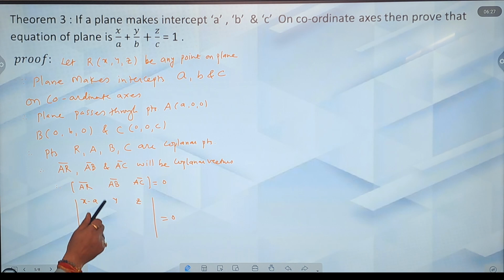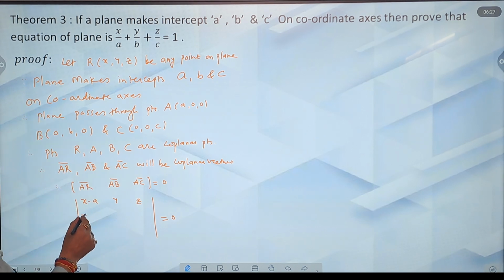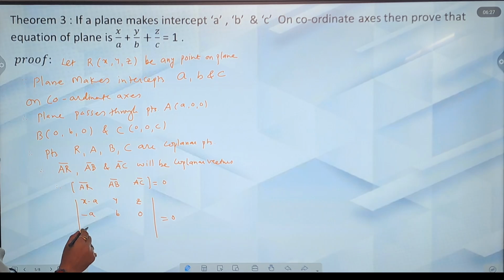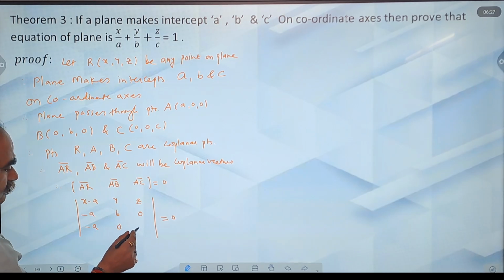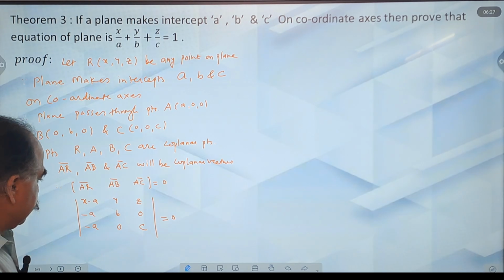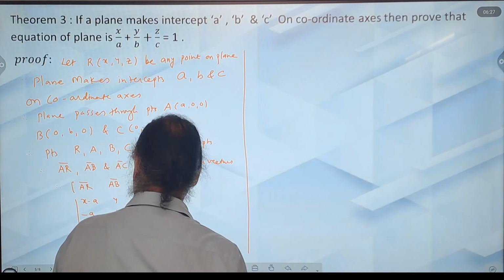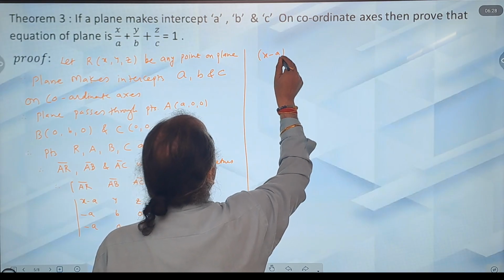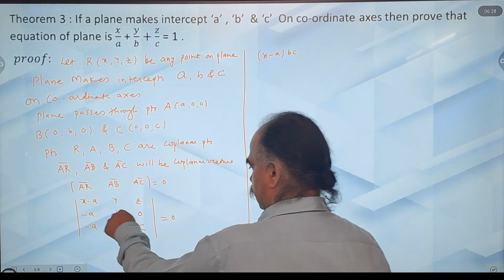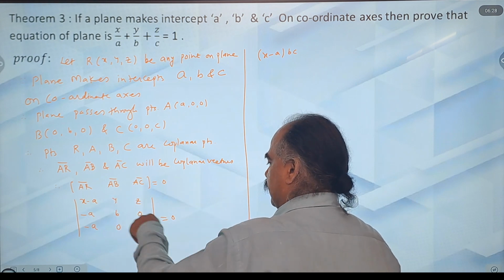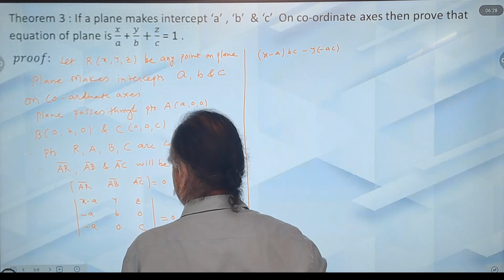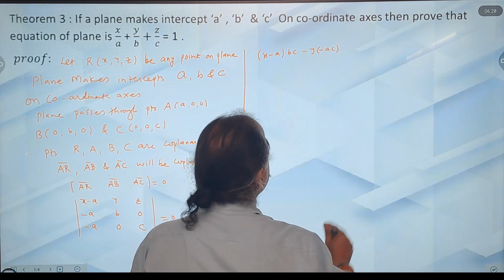Then AB bar is B bar minus A bar. So 0 minus a, b, 0. And AC bar is C minus A. So 0 minus a is minus a, 0, c. Now we'll expand it. We'll get x minus a into bc, minus 0 minus y into minus ac, and z into 0 plus ab.